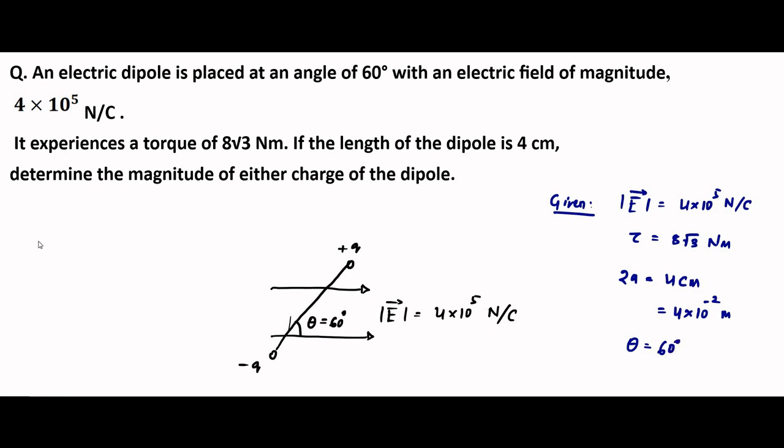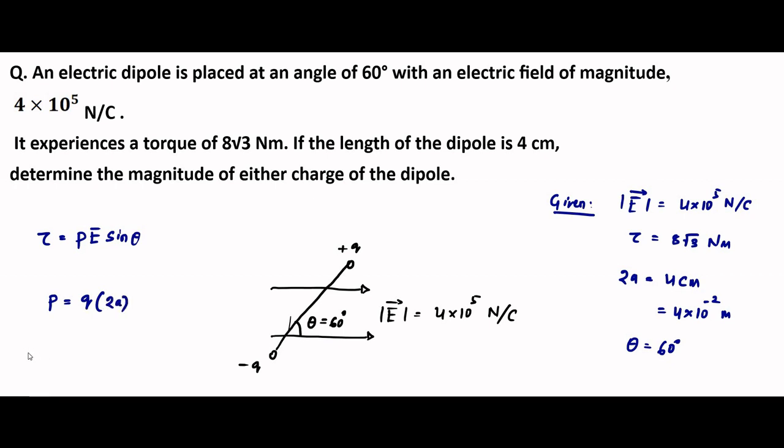So now we know the working formula here is that the torque acting on an electric dipole placed in an electric field at a certain angle is equal to P E sine theta, where P is the dipole moment, E is electric field, and theta is the angle of the electric dipole with respect to the electric field. P is equal to Q into 2A.